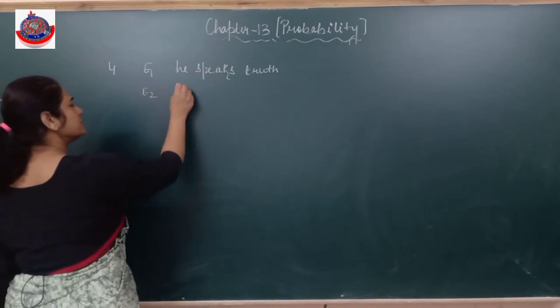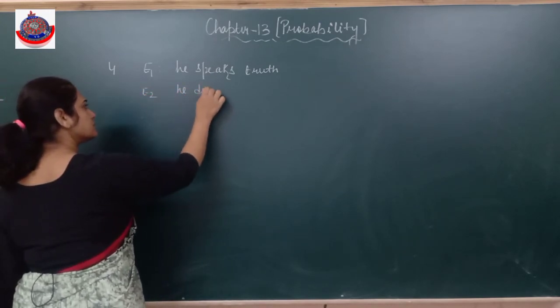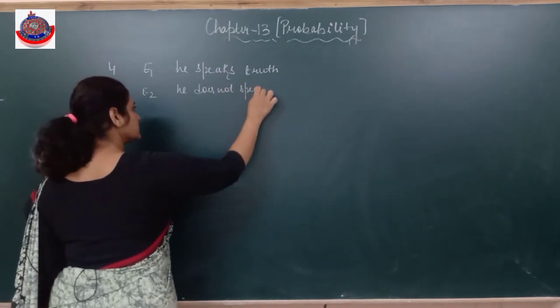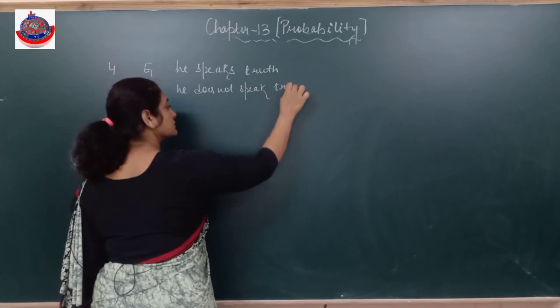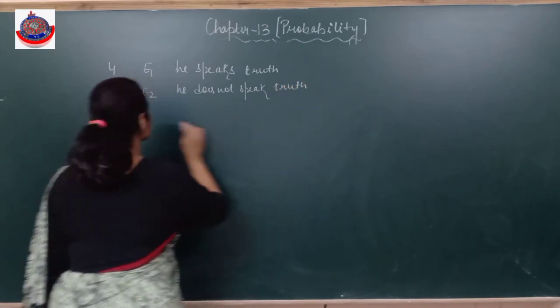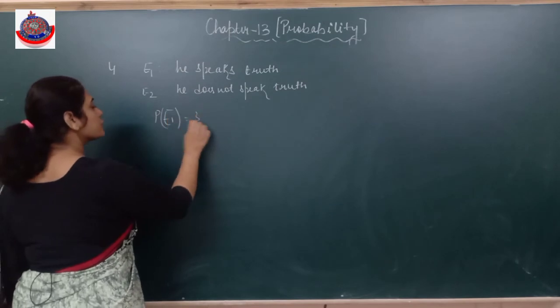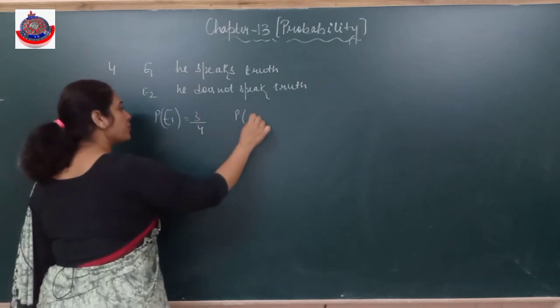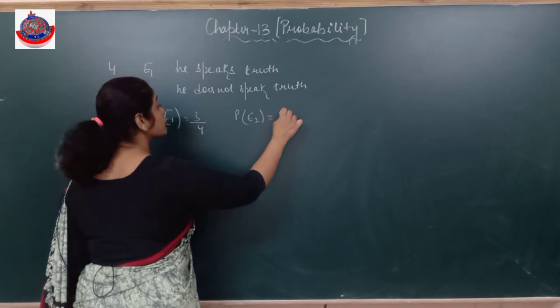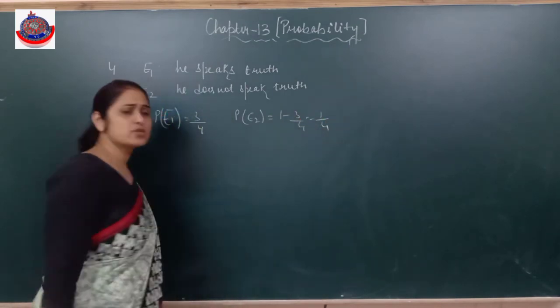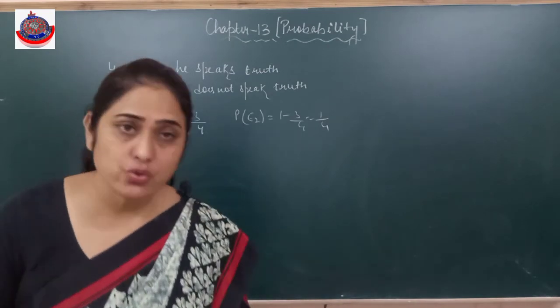E2 will be what? So the probability that he speaks truth is given to be 3 by 4. The probability he does not speak truth is 1 minus 3 by 4, which will be 1 by 4 definitely. He does not speak truth means 1 minus he speaks truth.